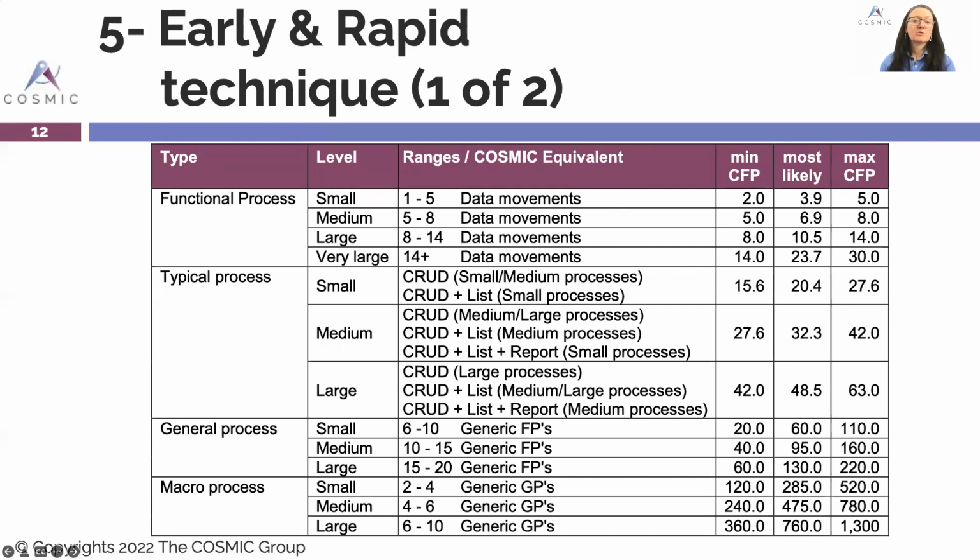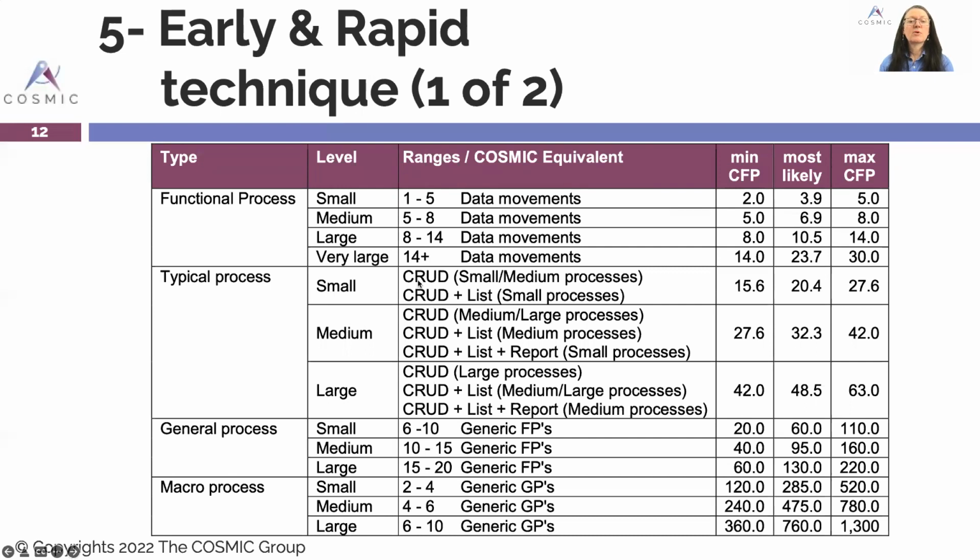So very large was over 14 COSMIC function points. So it ranges between 14 and 30 with an average of 23.7, where the small one averages 3.9 COSMIC function points, the medium one 6.9, the large one 10.5, etc. And then there's the typical process, small, medium, large, which represent what we call a CRUD or CRUD plus list.